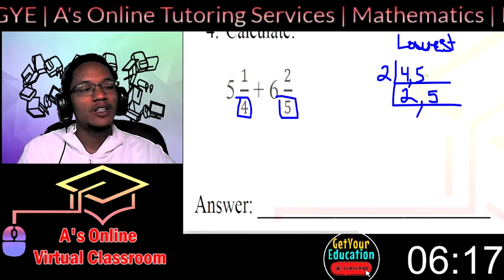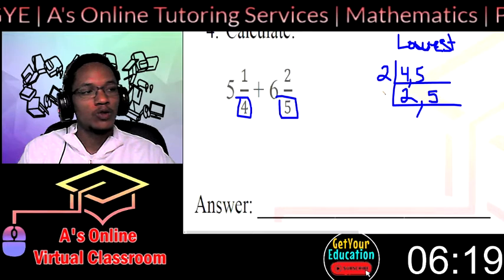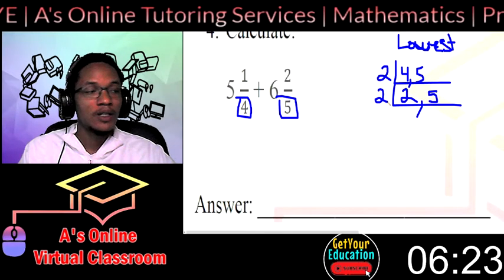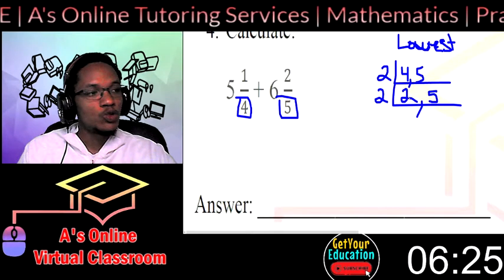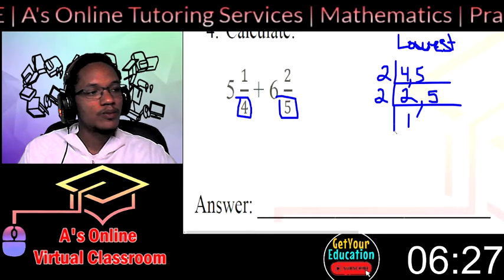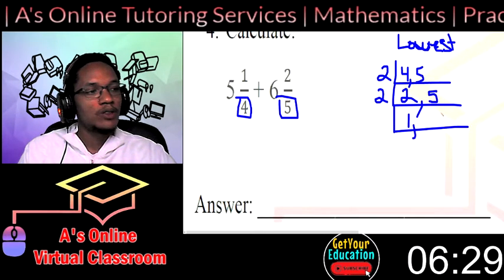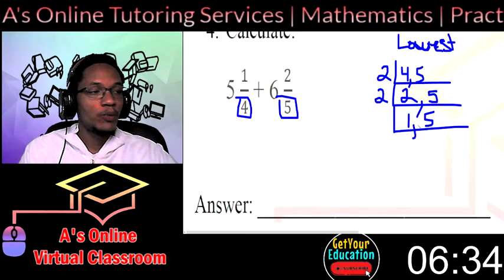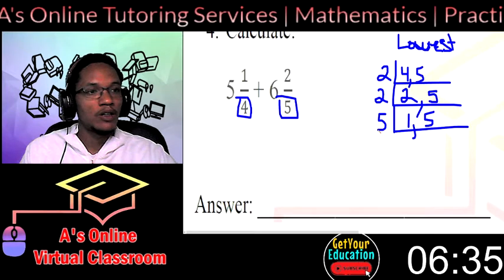So once I have an even number on the inside, I will always use 2, because that will always be the lowest number that can go into the number. So 2 into 2 here now is 1. 2 into 5 can't, so I write back 5. And 5 is actually a prime number, so the only number that can go into 5 is 5.